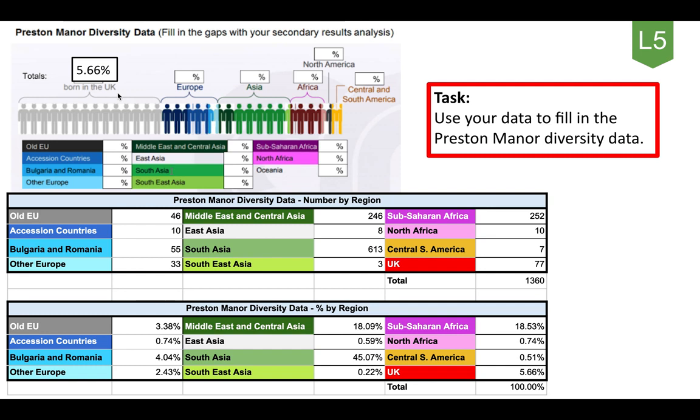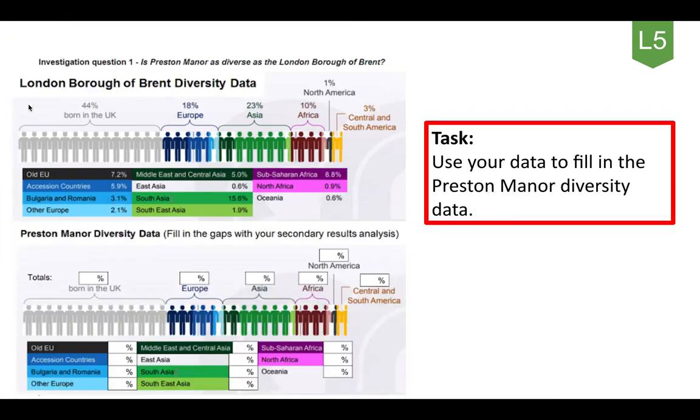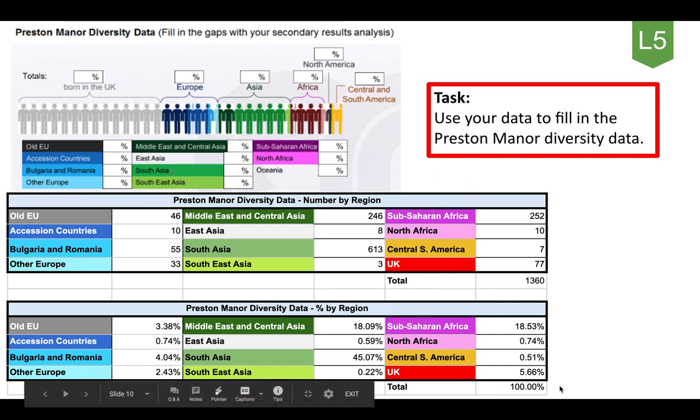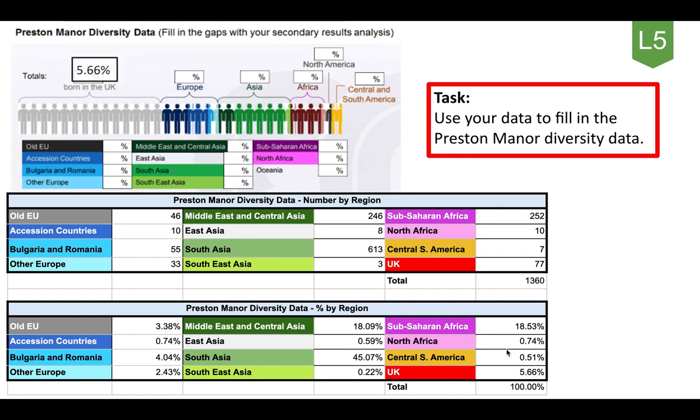Although when we looked at Brent, if we go back, actually 44% of Brent citizens are born in the UK, whereas from our data, we actually have a small percentage of students who are just identified as from the UK or just British.